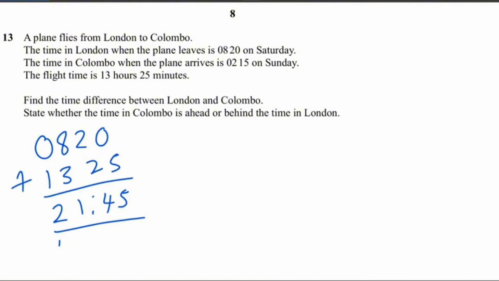So 2:15 is 2 hours 15 minutes ahead of midnight. Midnight is 24:00. So if we add these two, we're going to get 26:15.